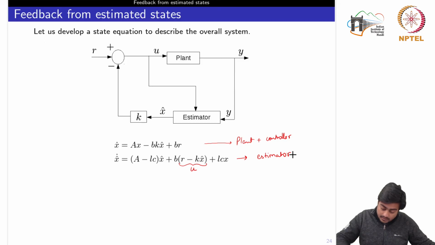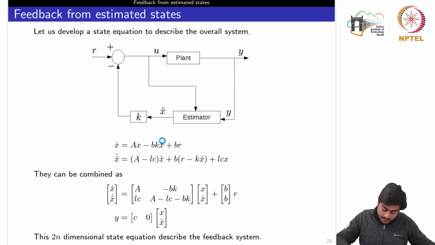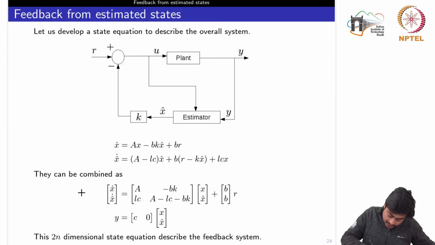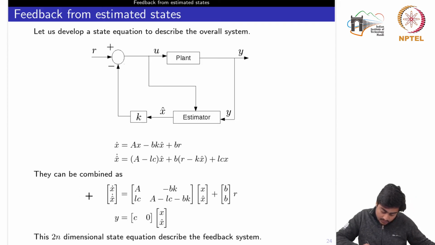Okay, so now we will make a new system by combining these two state equations into one. We can see that x and x hat would become a new state vector.